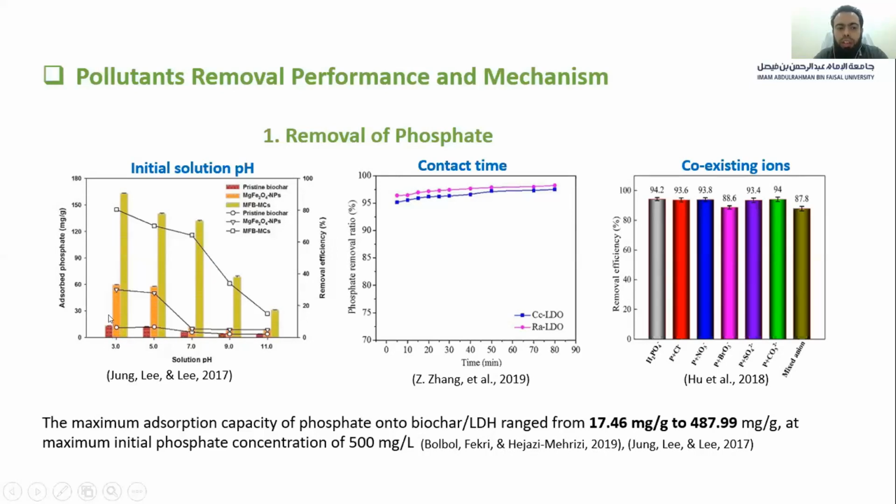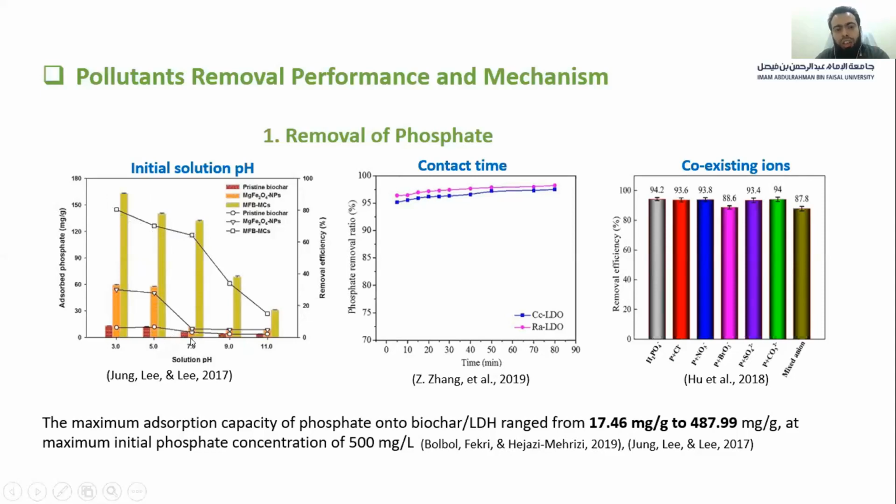So by combining biochar with LDH, the removal performance significantly increased. This is because of the synergistic effect, because of the increase in surface area and functionality, which leads to better removal performance.